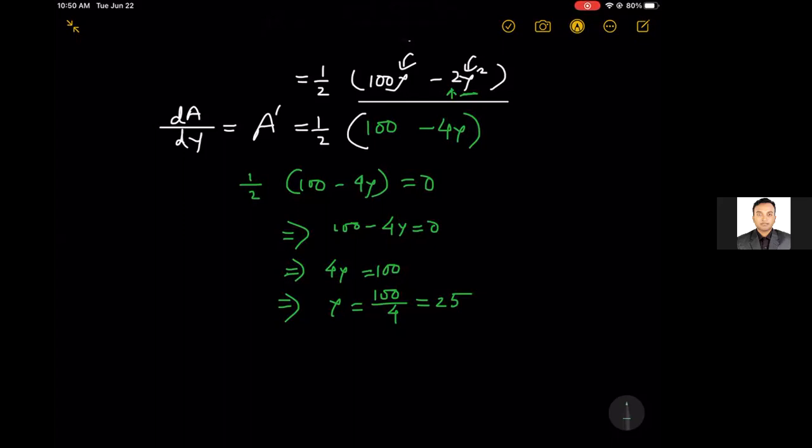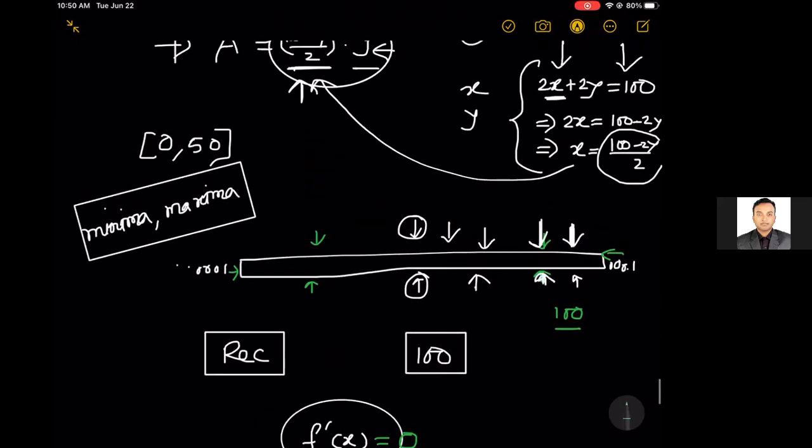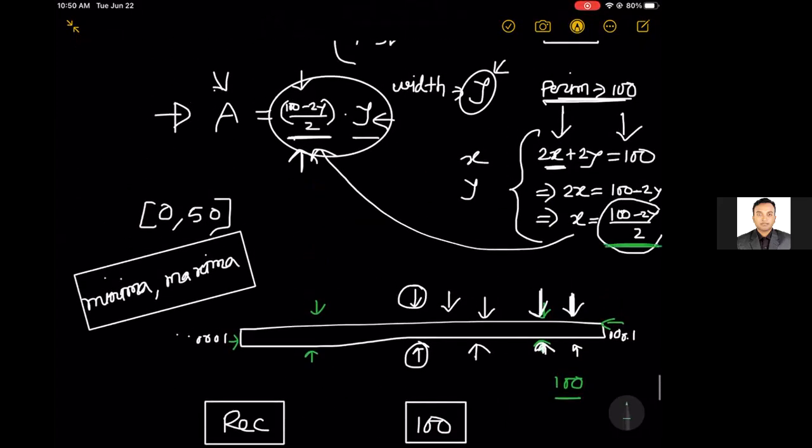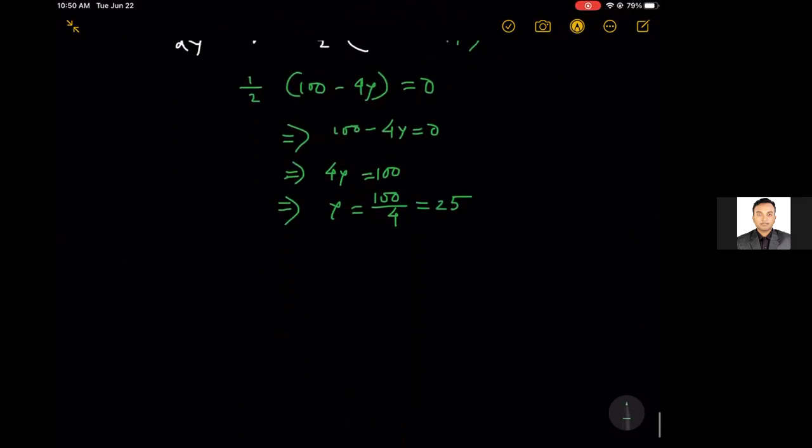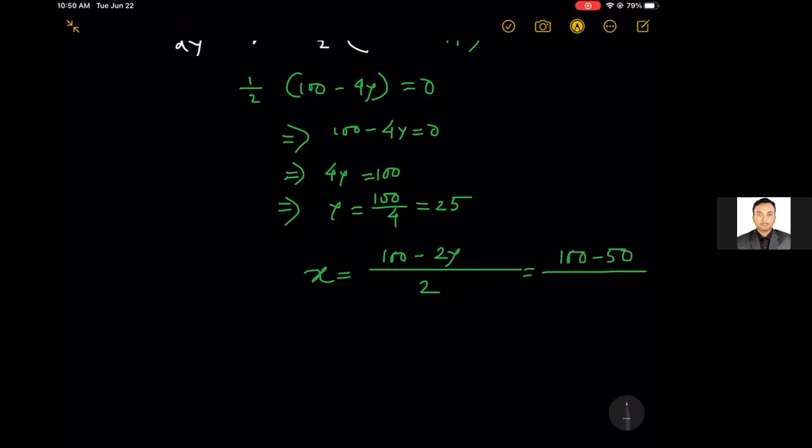That means the width will be 25. What about the length? We can easily find it from this expression, right? We have already expressed the length in terms of the width. So let's find that. x equals (100 minus 2y) over 2. It will be 100 minus 50 because y is 25. It's 25 as well. So the length is 25.